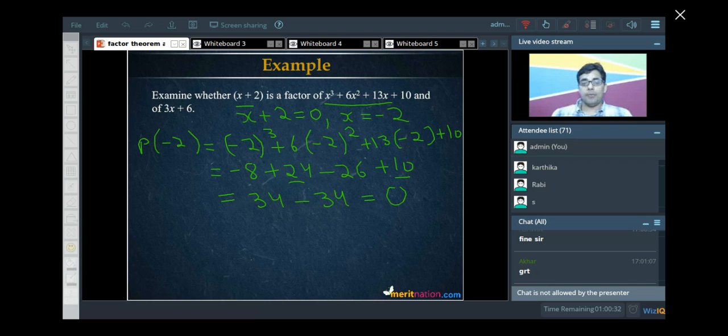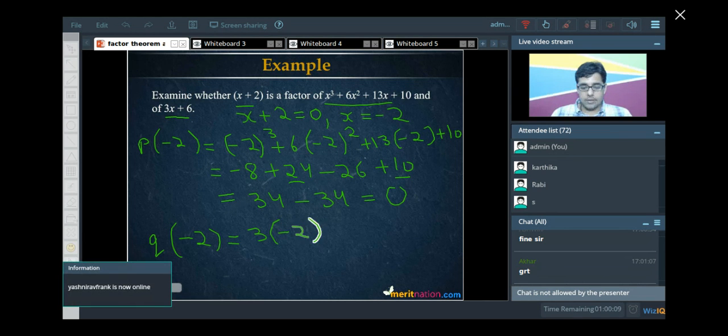And now checking if x plus 2 is a factor of the given polynomial, next is q of x, it is 3x plus 6. By putting x as minus 2 in this polynomial, we will check whether it is coming as 0 or not. We will get q of minus 2, it would become 3 of minus 2 plus 6.